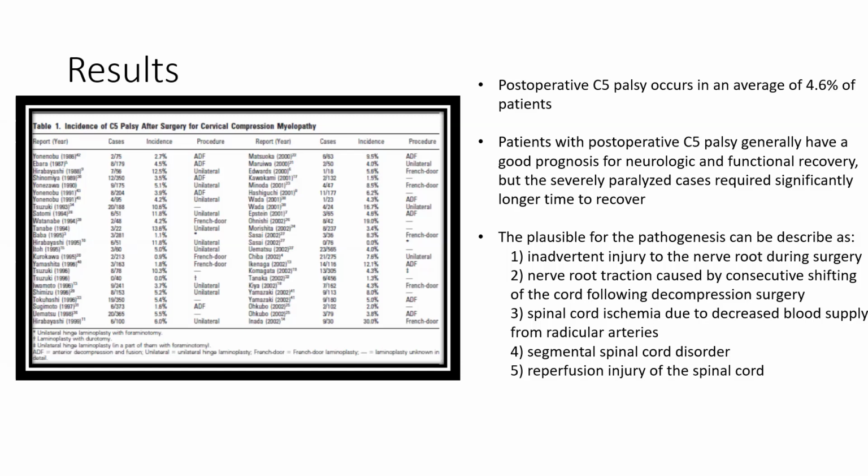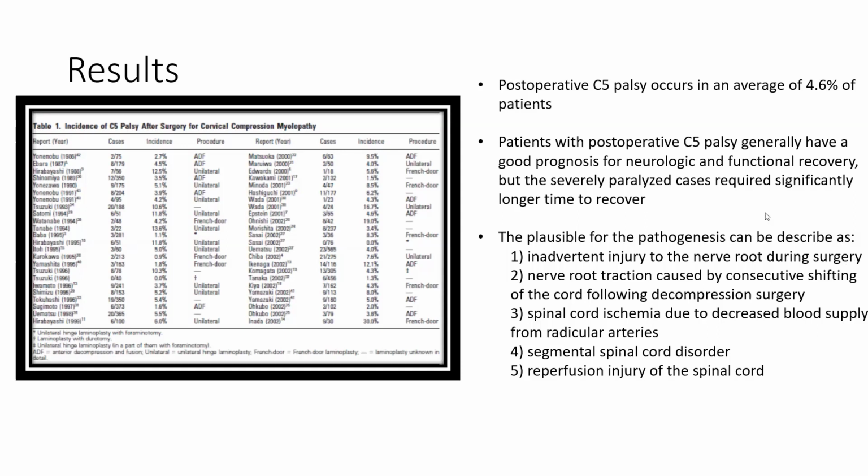What they found was that patients with a manual muscle testing power less than 2 had a poorer recovery, whereas people with an MMT grade of 3 or 4 generally had full recovery. So overall, a pretty good prognosis, and it can be managed conservatively when it does occur, but it's important to recognize it and to counsel patients on this as a risk of cervical spine surgery.